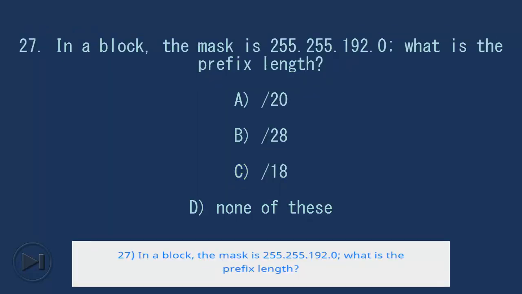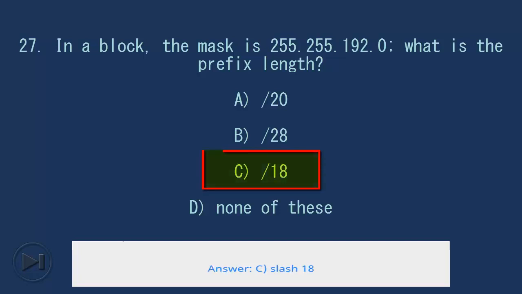In a block, the mask is 255.255.192.0. What is the prefix length? A. /20. B. /28. C. /18. D. None of these. Answer, C. /18.